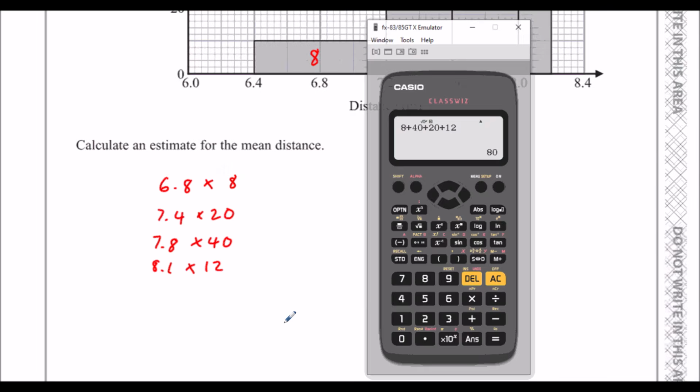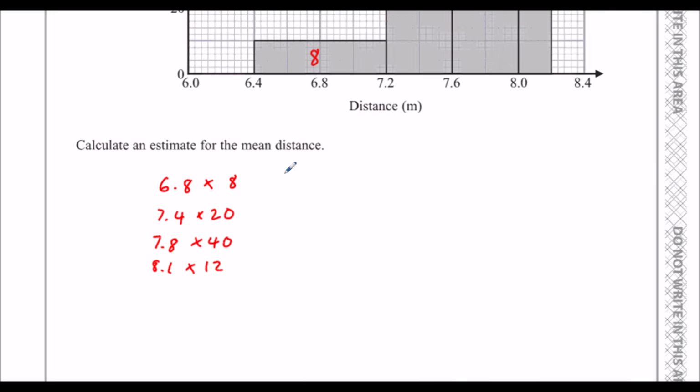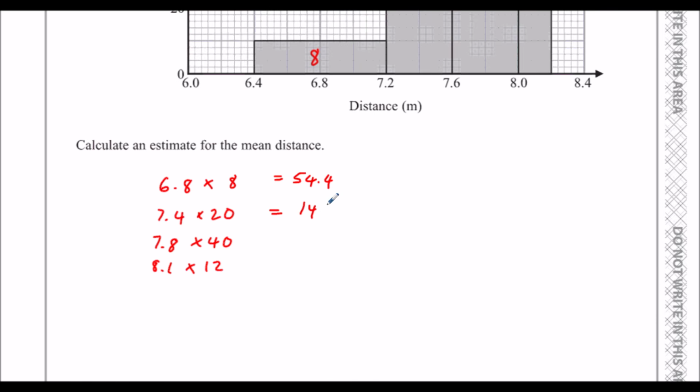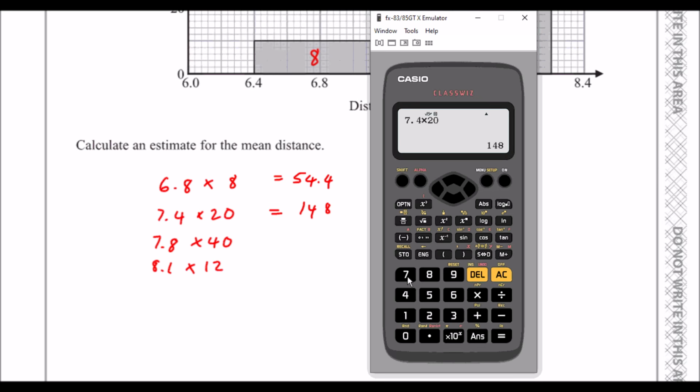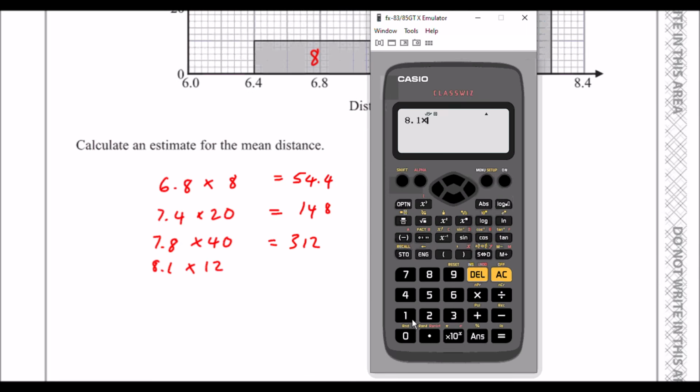So 6.8 times 8 is 54.4. 7.4 times 20, 148. 7.8 times 40, 312. And 8.1 times 12, 97.2.